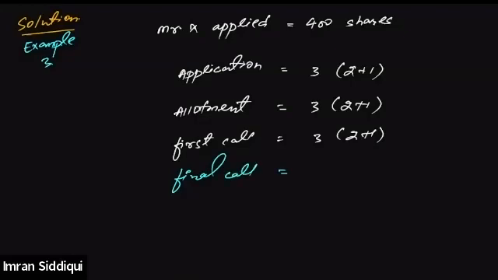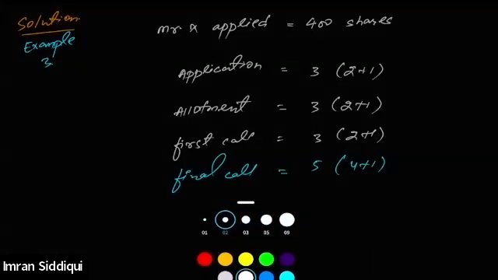Anyone please tell me what will be the final call amount? 4 rupees, is that right? 4 rupees plus 1 rupee for the security premium. So that means 4 plus 1, 5 rupees. Is that clear, everybody?